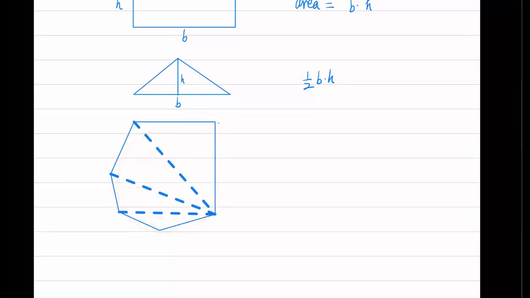Okay, so this is called a partition. Go with A1, A2, because each one of these is a triangle. That's not difficult.